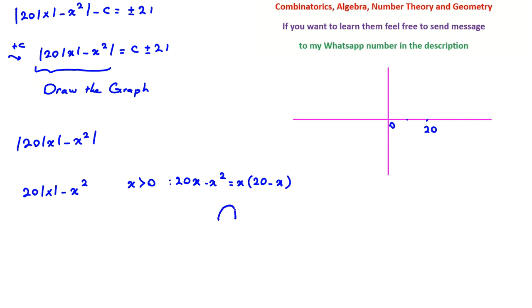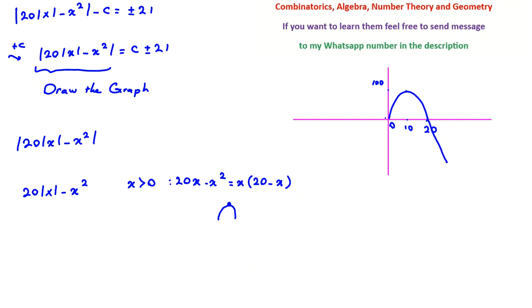It opens down. The vertex is the midpoint of the roots, so 10. At 10 it will be 10 times 20 minus 10, which is 100. So it passes through this point, and it will be like this. It goes like this.